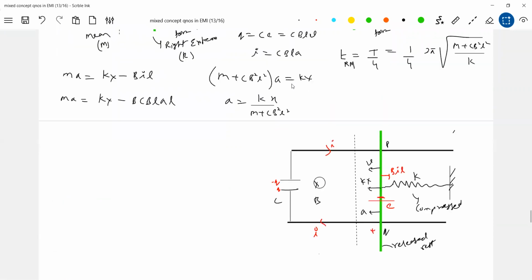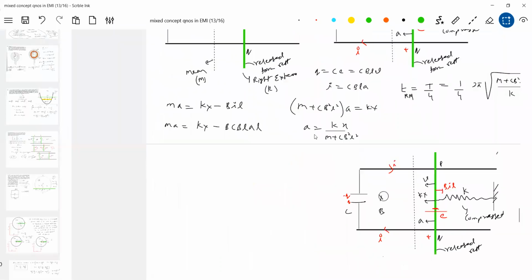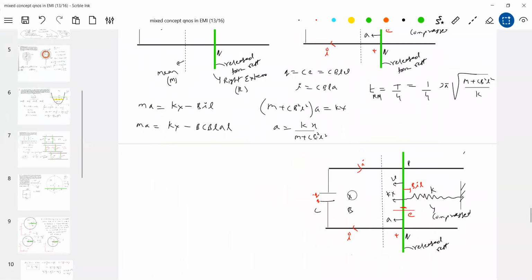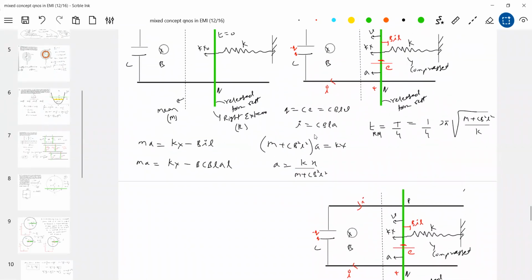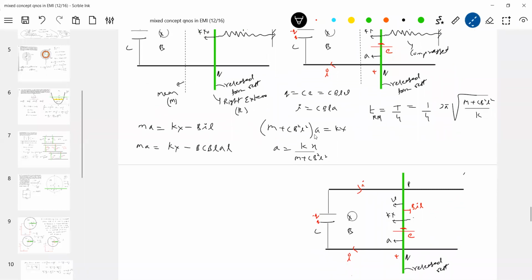Let's come to this. I'll keep the total diagram visible. Check it now. See it. Now let it arrive at the mean position, which will be here.